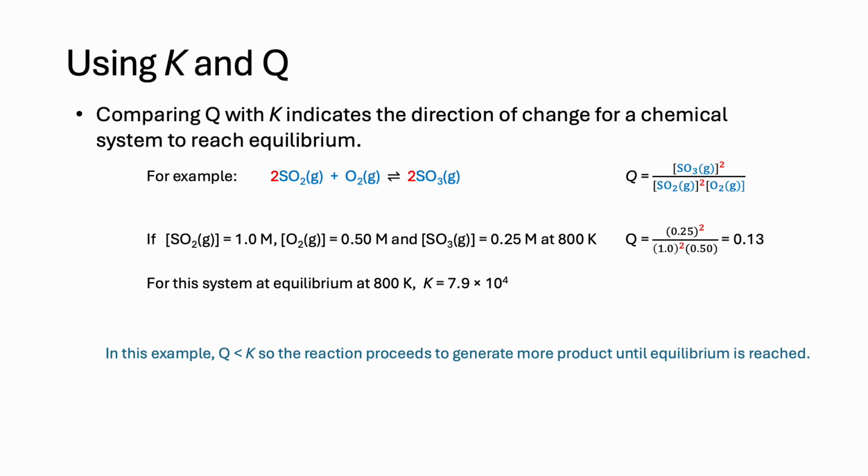For example, if we find that calculation shows a Q for a particular system, SO2 reacting with O2 to give SO3, has a value of 0.13, and from data we find that the value for K for this equilibrium is approximately 8 times 10 to the 4, then seeing that Q is less than K, we can deduce that the reaction proceeds to generate more product and will continue to do this until equilibrium is reached.